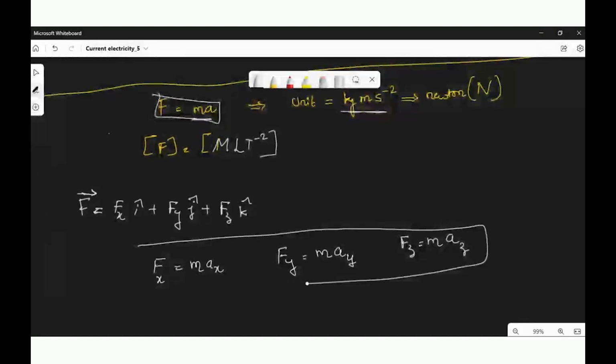The force which acts along some axis can change only the acceleration along that axis. If I apply a force in x direction, it cannot affect my acceleration in y and z direction. It can change only the acceleration in x direction.